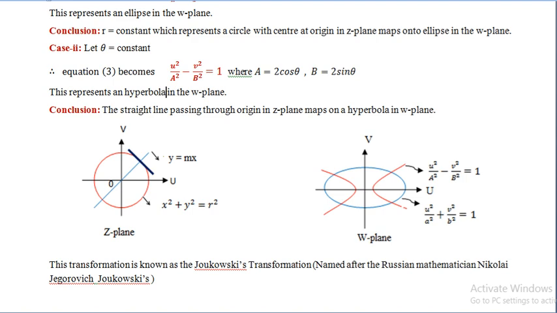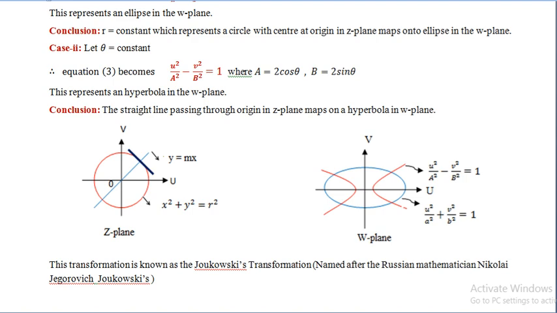And in the w plane we sketch the ellipse and hyperbola. So the circle is transformed into an ellipse and the straight line is transformed into a hyperbola. The conclusion is the straight line passing through origin in the z plane maps onto the hyperbola, the red line, and the circle is mapped onto the ellipse.